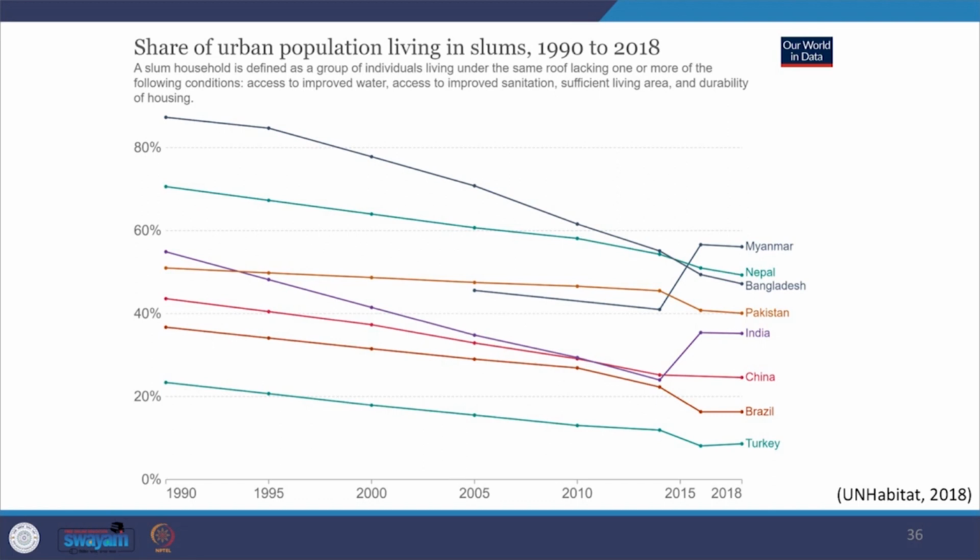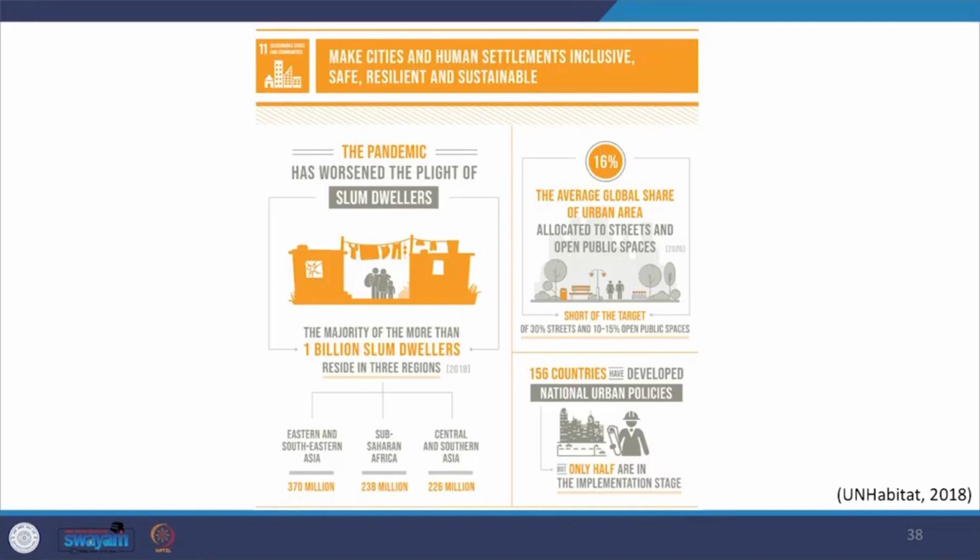You can also notice that India has considerably brought down its figure from nearly 60% in 1990 to less than 40% in 2018. As per the UN report of the Secretary-General 2021, before the pandemic, cities had rising numbers of slum dwellers, worsening air pollution, minimal open public spaces, and limited convenient access to public transportation at the global level.